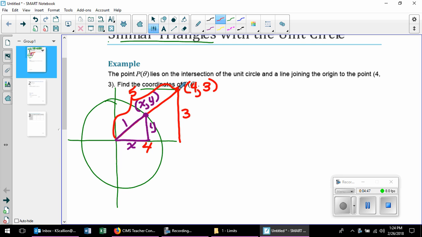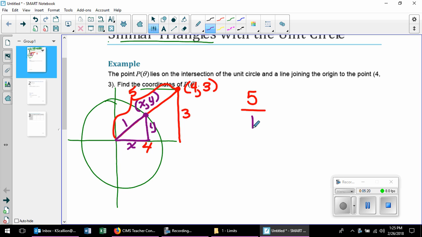Are you excited? So all we're doing is ratios. What did I say was the premise of similar triangles? That they have to be the same ratio. So if we know that the hypotenuse of my big triangle is 5, I know the hypotenuse of my little triangle is 1, right?